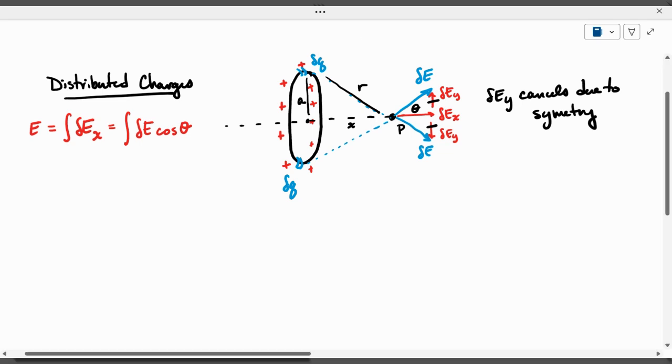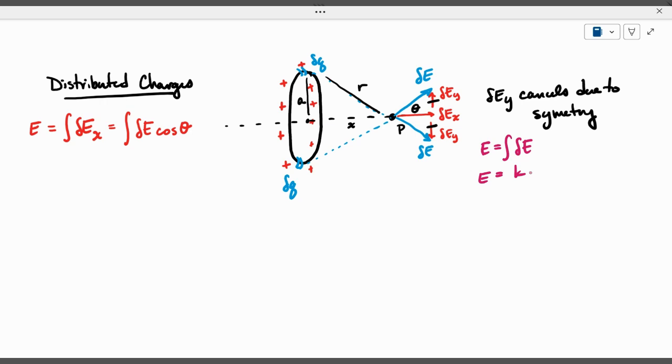Well, good point. Some things we want to keep in the back of our mind when we set this up. The electric field is the sum of all the pieces, and that is also equal to kQ over R squared. So that means that dE is equal to k dQ over R squared.